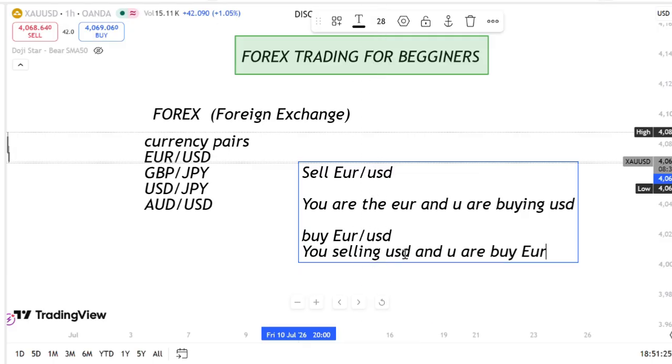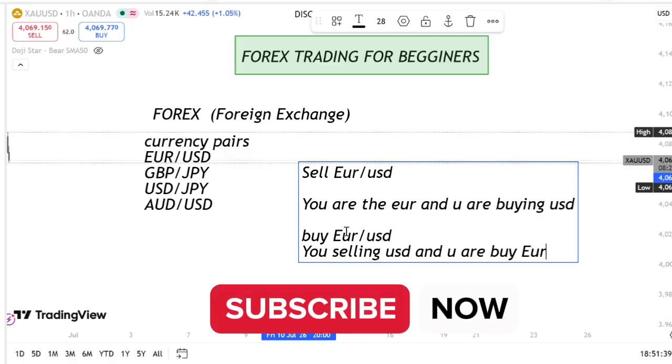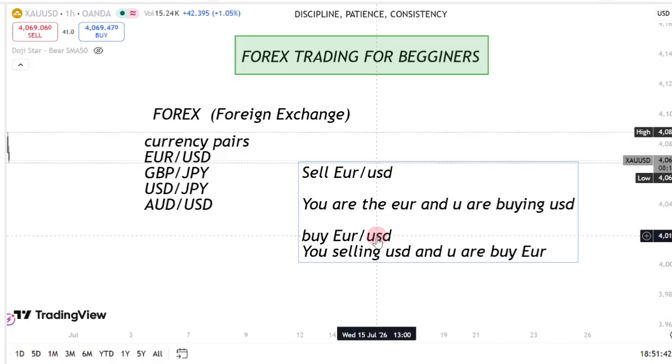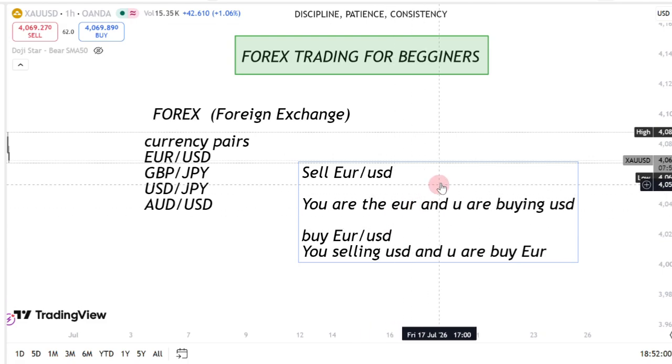Buying is like you are from the US and you are going to a European country, a country that uses euros as its currency. So you buy the euro and you sell the USD. That's how the Forex market works.